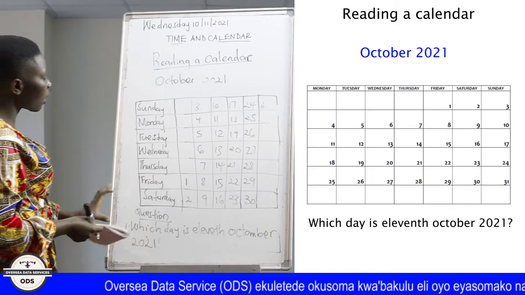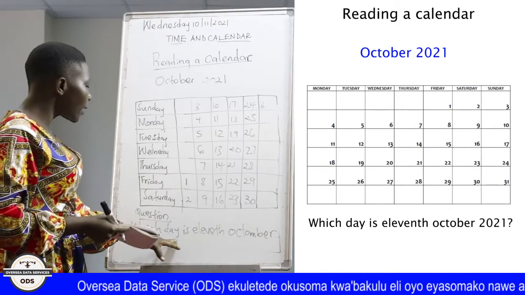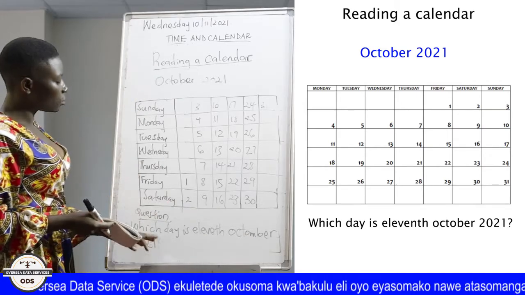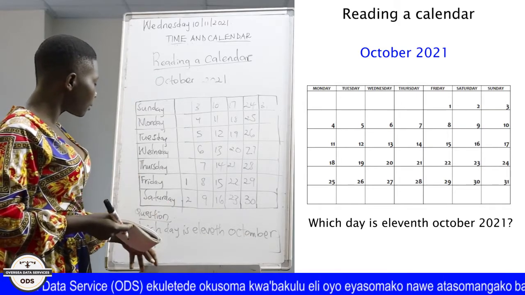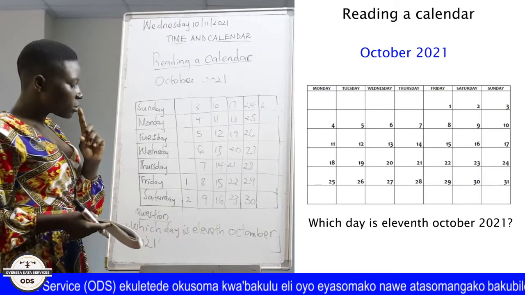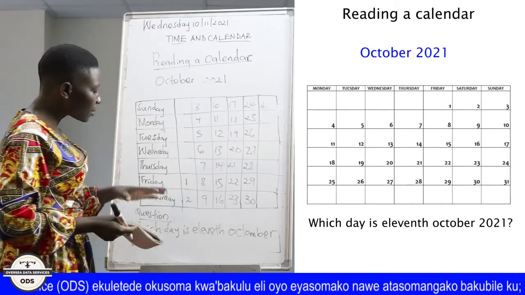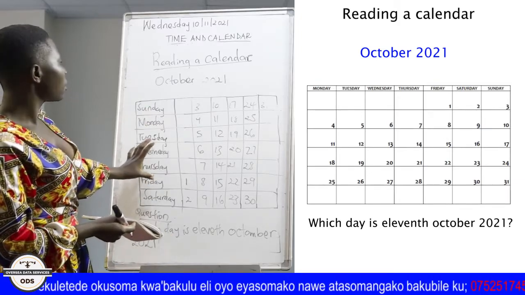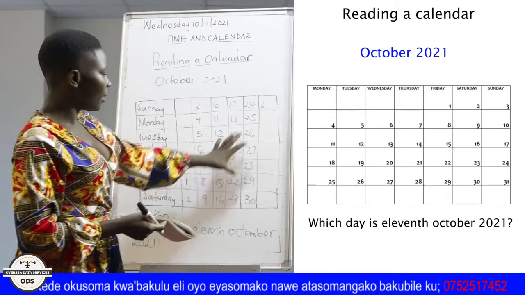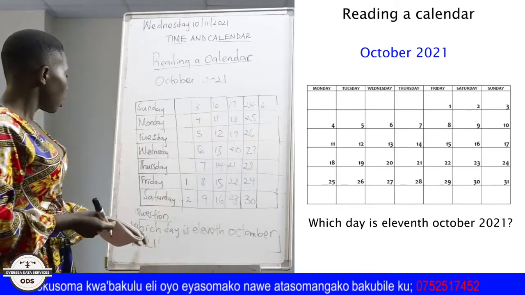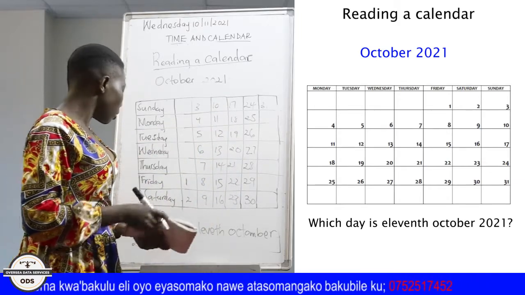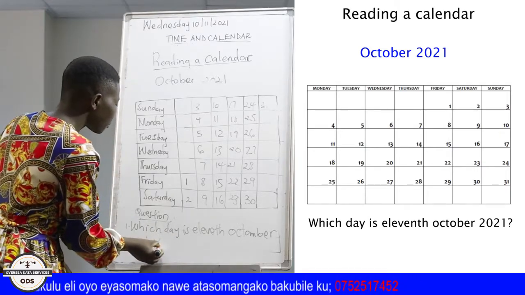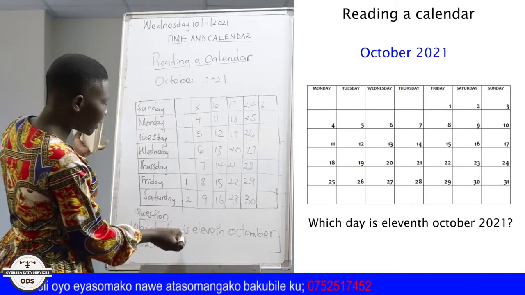And assuming someone is asking you which day is the 11th October 2021. Of course, take note of this. They are asking the day. These are the days and these are the dates. Which day is the 11th?